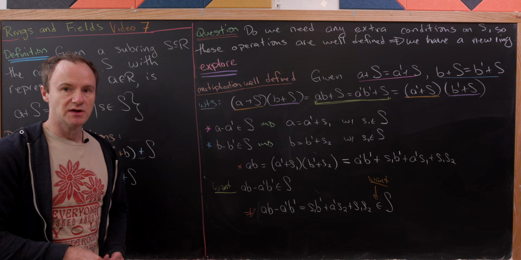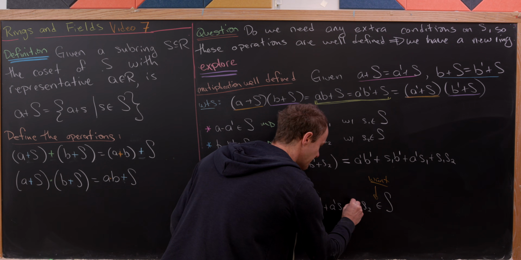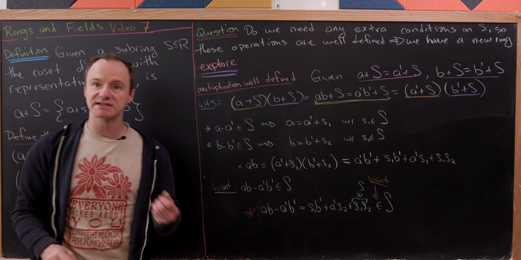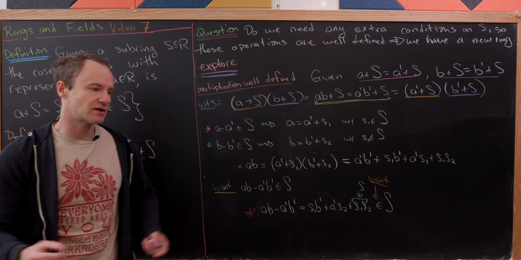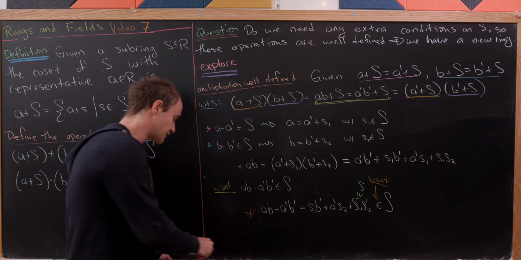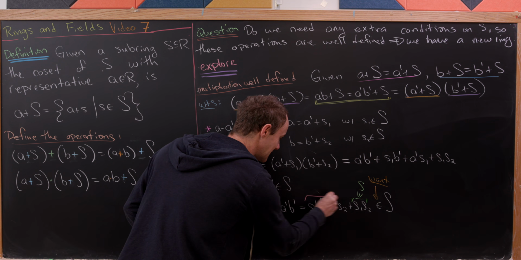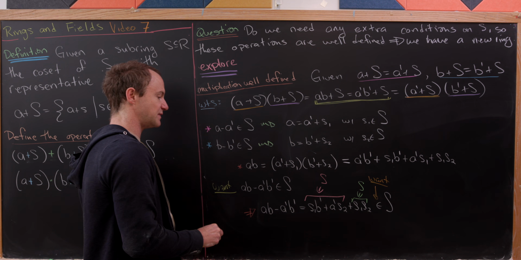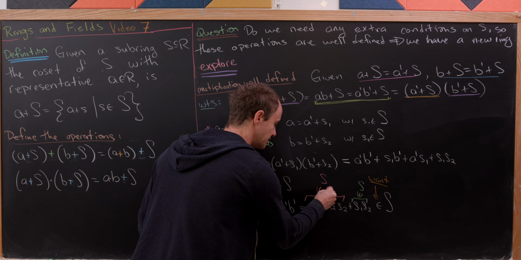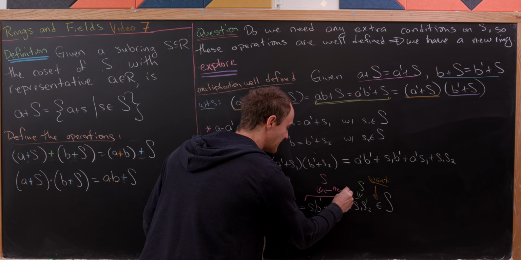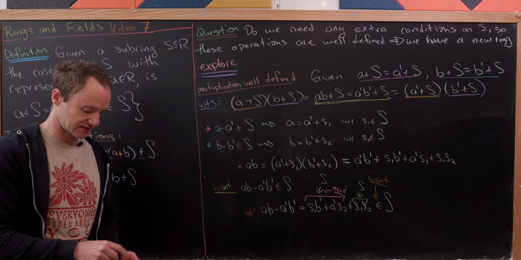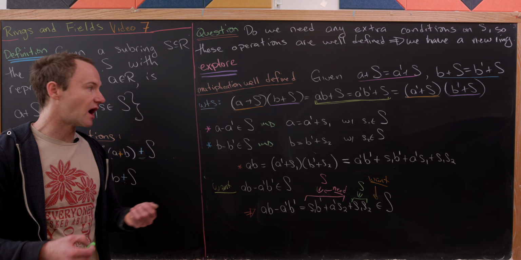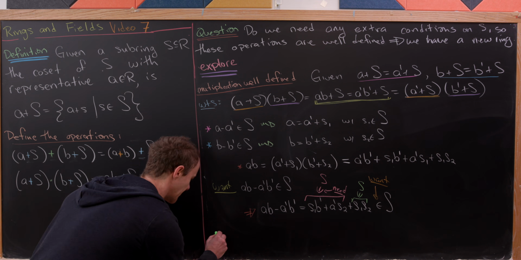Okay, nice. But now let's observe that this S1 times S2 is already an element of S. That's because S is a subring, so it's closed under multiplication. So that means what we need is for this, S1 times B prime plus A prime times S2, to be an element of S. Now that may seem like a tall order, but it's really a little bit more obvious if we specialize.